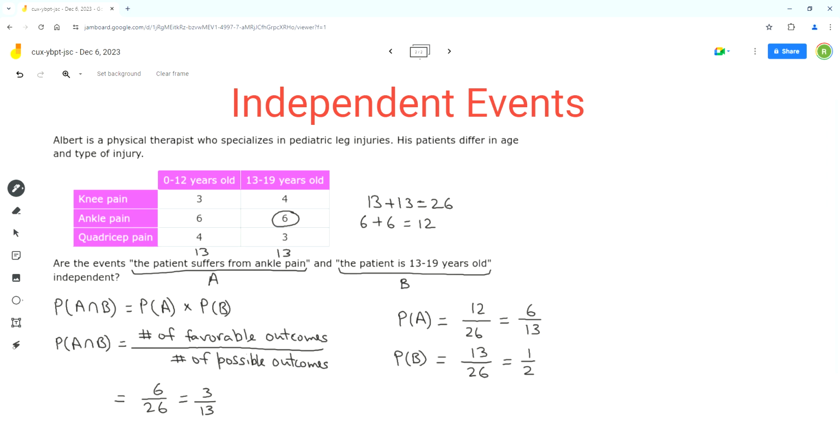Now we can sub in these probabilities in the independent events equation and check if the left side becomes equal to the right side. The probability of A and B is 3 over 13. Probability of event A is 6 over 13. And probability of event B is 1 over 2.